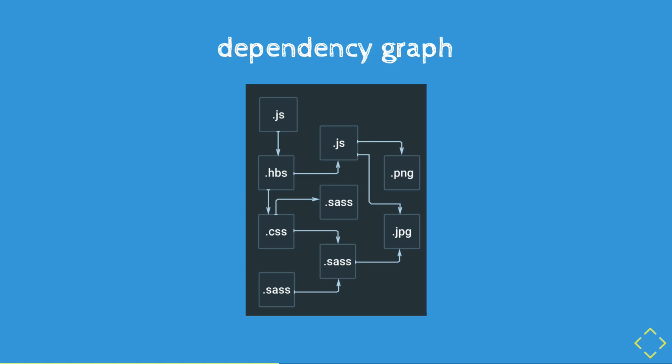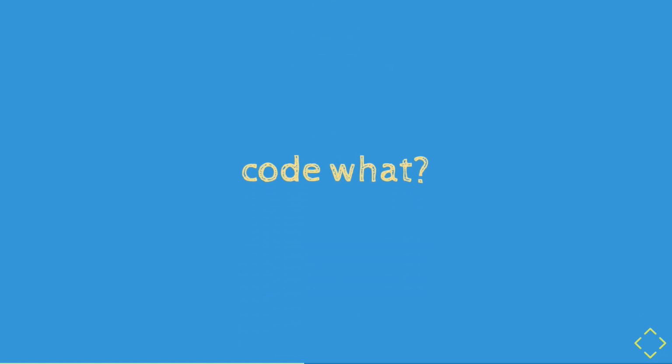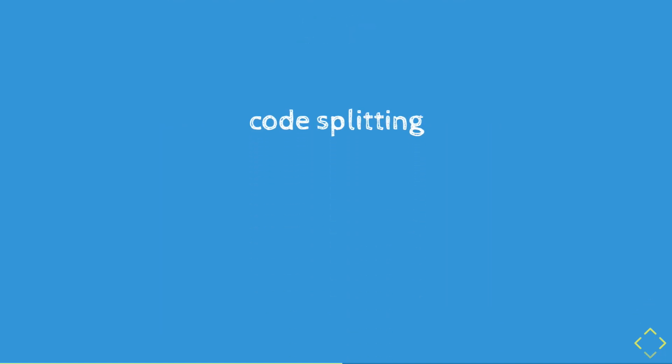Okay. So with this intelligence and this knowledge, the door is open to all sorts of things, one of which is difference number 3, which is code splitting. Code what? I said code splitting. Liar, you said it was a bundler, now you're saying it's a splitter. So that definitely begs some explanation.